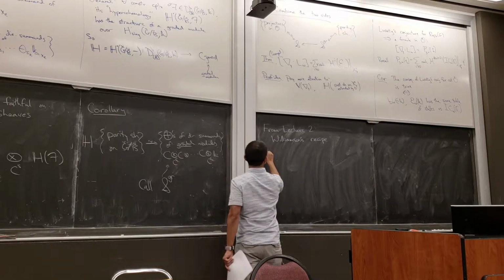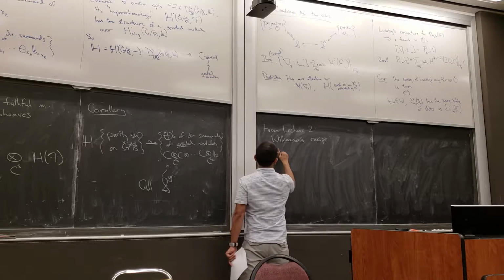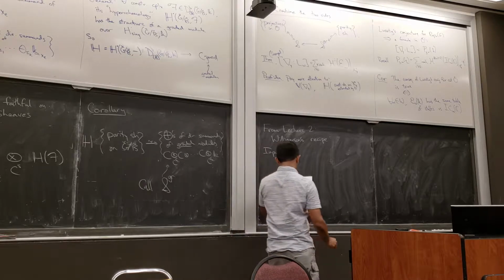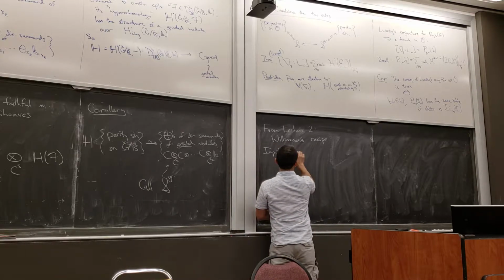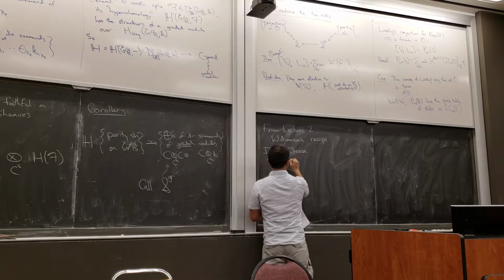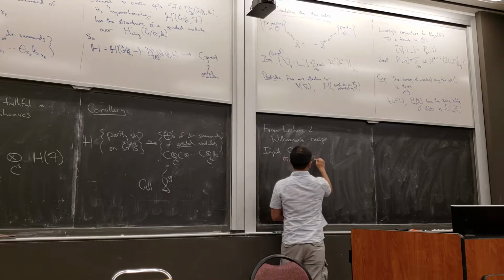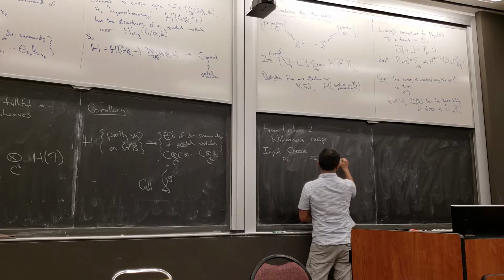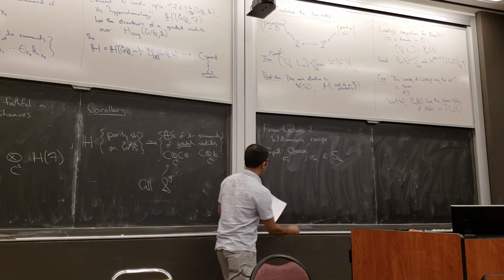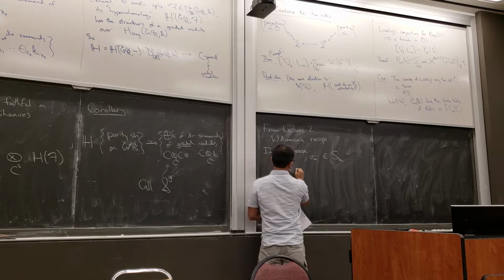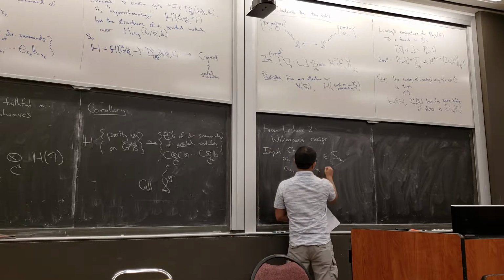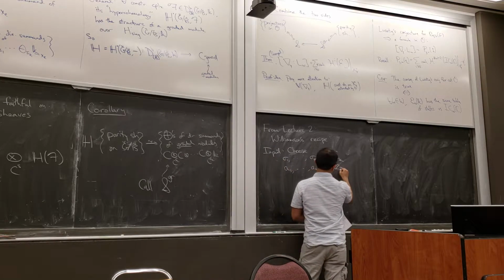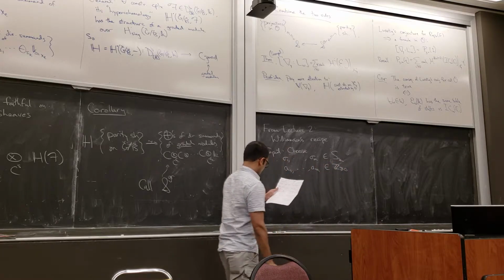The input was you choose a bunch of permutations, I'll call them sigma 1 through sigma m in some symmetric group called SK. And then you choose the same number of integers, a1 through am, non-negative integers.